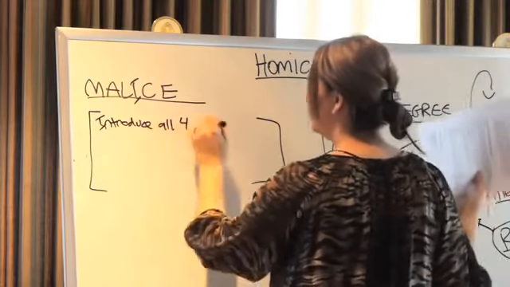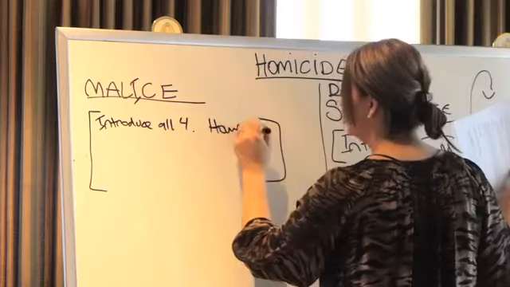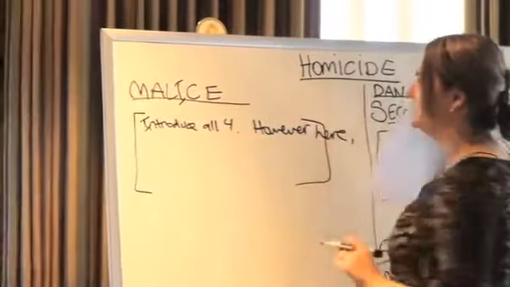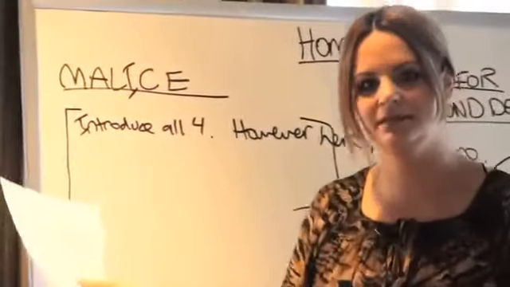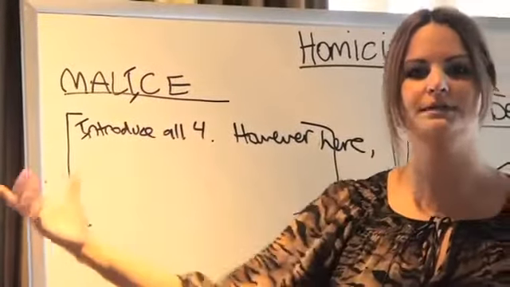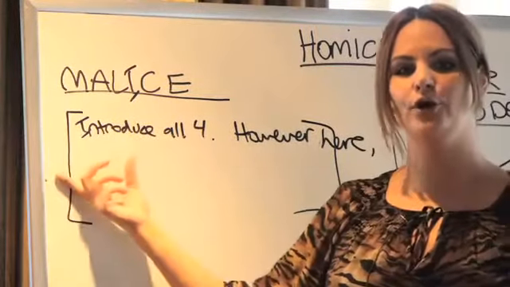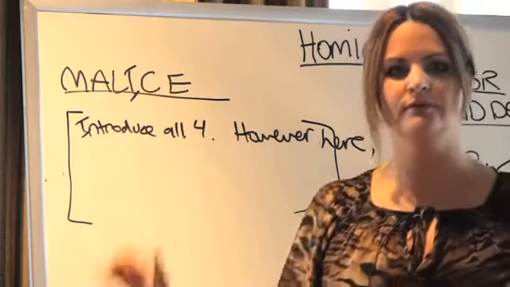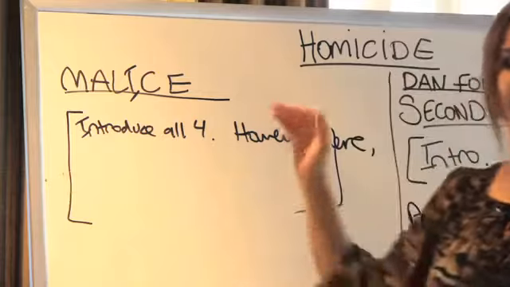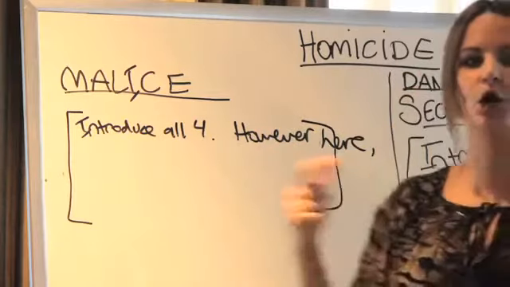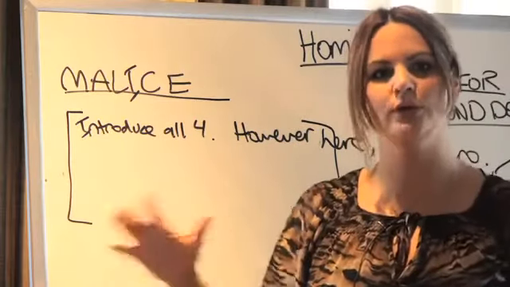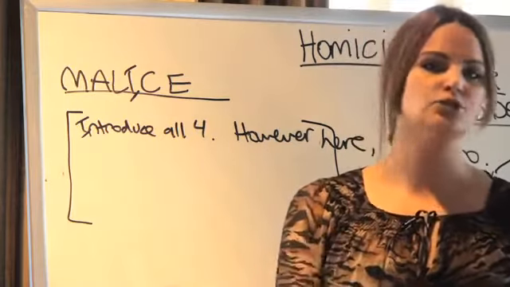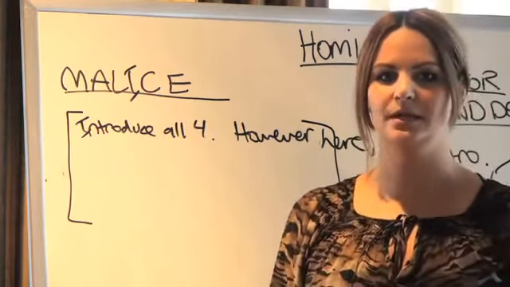And then you say, however here, comma, the intent was to commit the felony, the robbery, the inherently dangerous felony, and therefore the type of malice necessary is the felony murder rule. The felony murder rule will apply here, and therefore the first three types of malice are not at issue. Really important to state that, because you want the grader to know that you're just throwing out the first three types as being applicable.